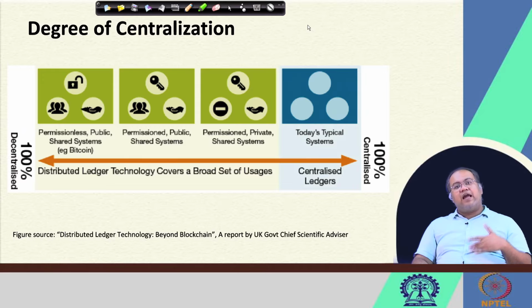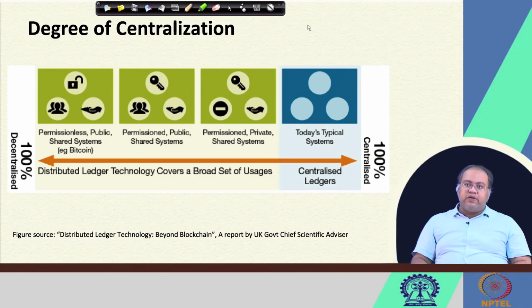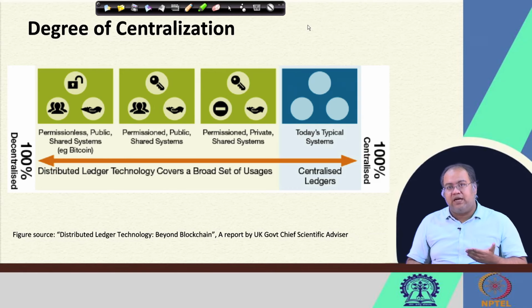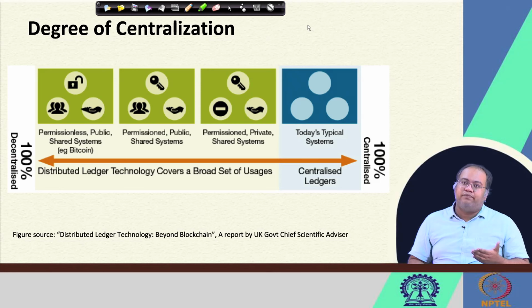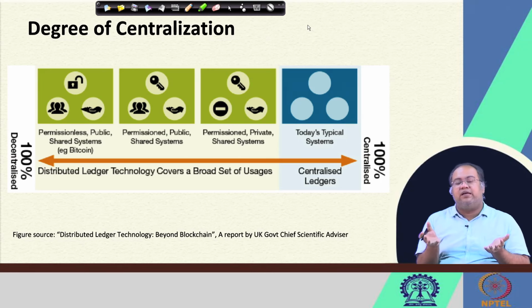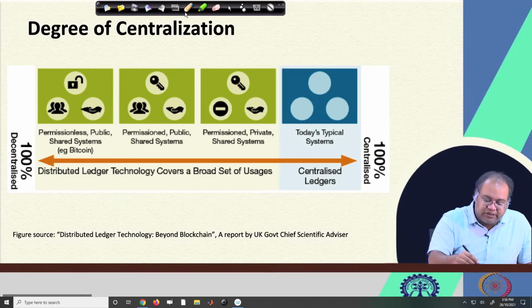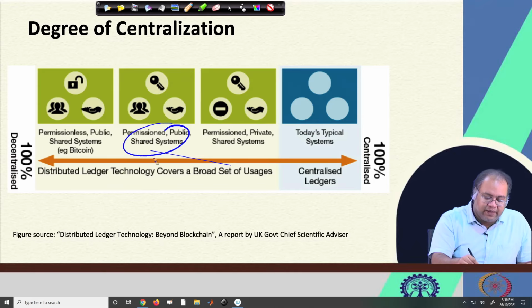But on the other hand, there are business use cases, enterprise use cases, where you can rely on a permissioned and private shared system, where things only work within a few people who participate in the business procedure. One example where you can use this permissioned public shared system is an e-commerce platform.